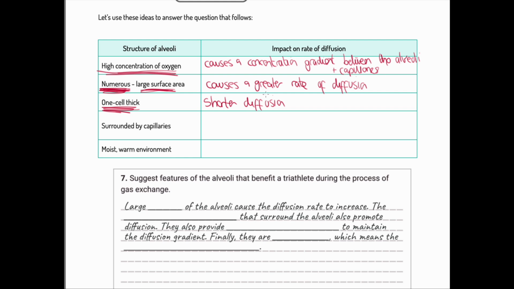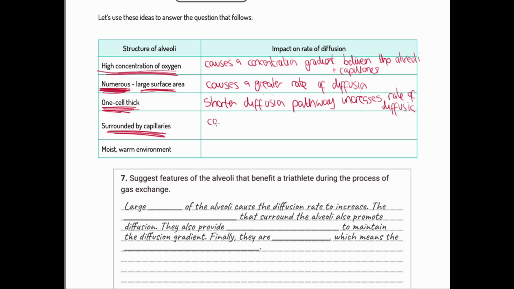A nice short pathway is nice and efficient, just like that 1 cell thick, shorter diffusion pathway. It increases the rate of diffusion because more can happen.